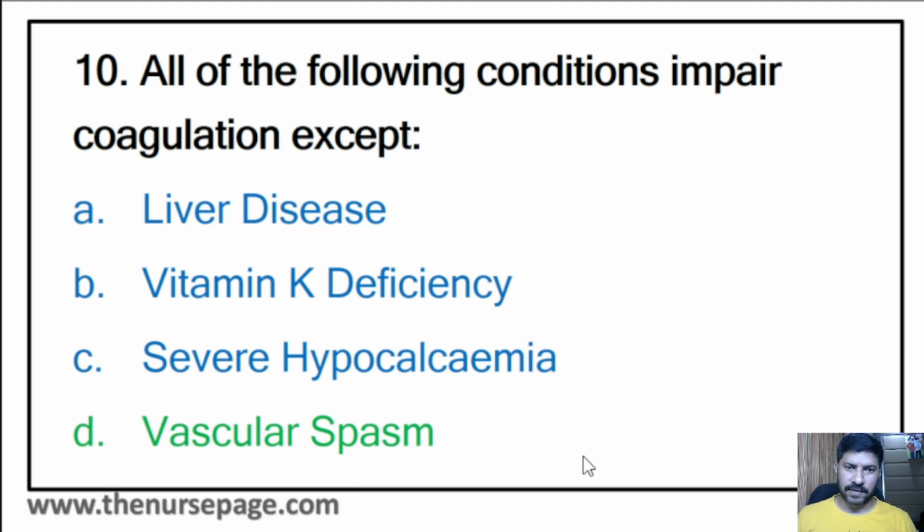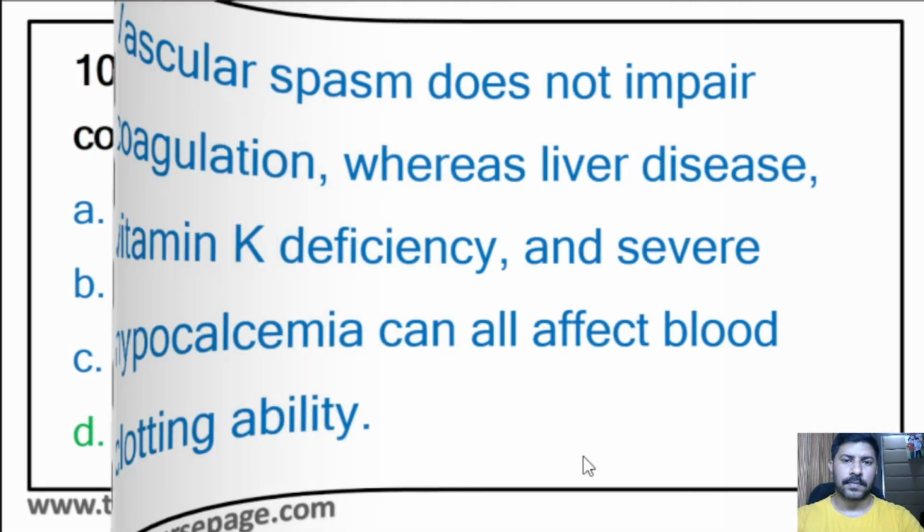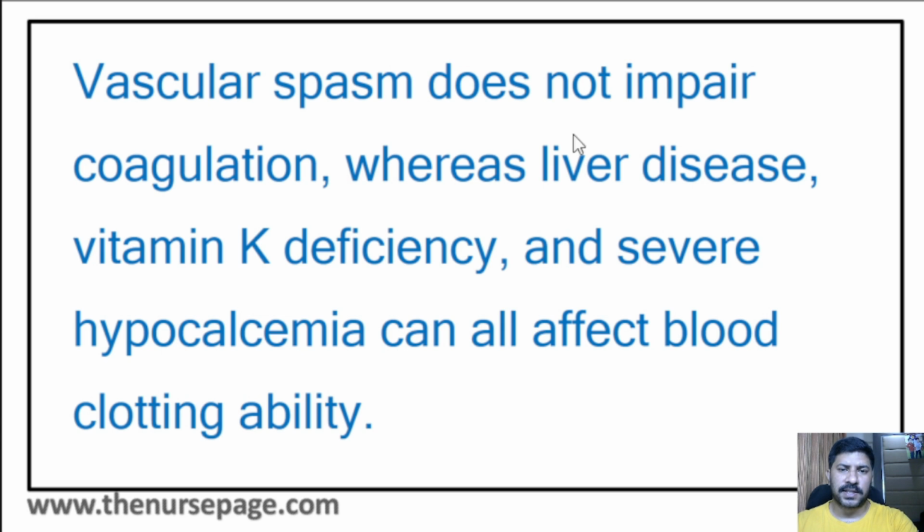All other options, liver disease, vitamin K deficiency, hypocalcemia. Calcium also is an important component in blood coagulation. If there is a lack of calcium in our body, it will lead to impaired coagulation. Vascular spasm does not impair coagulation, whereas liver disease, vitamin K deficiency, and severe hypocalcemia can all affect the blood clotting ability.